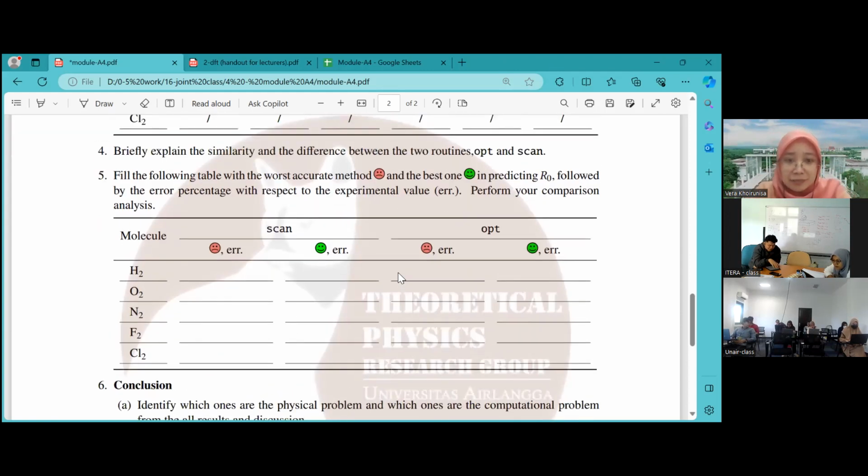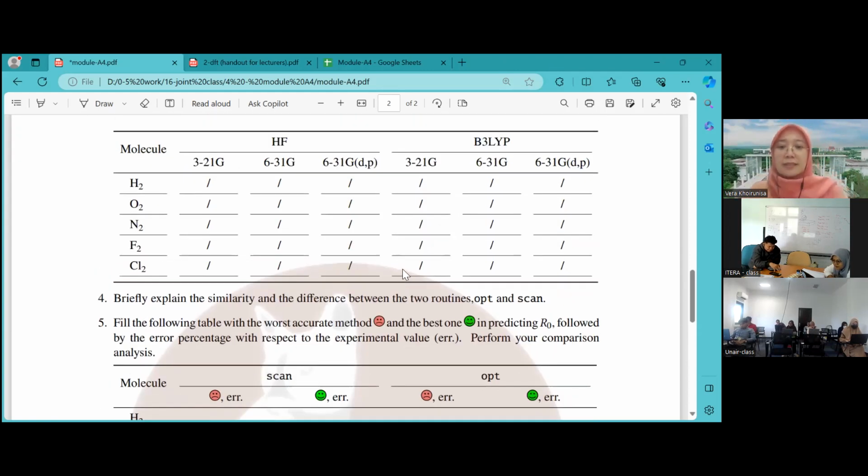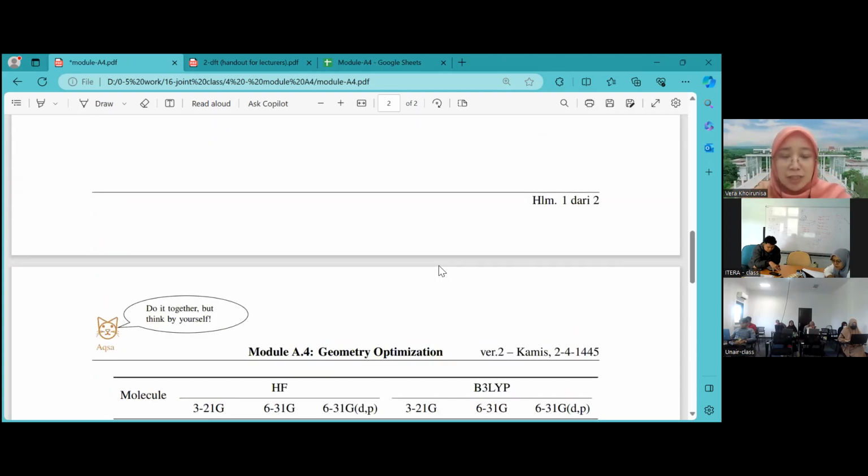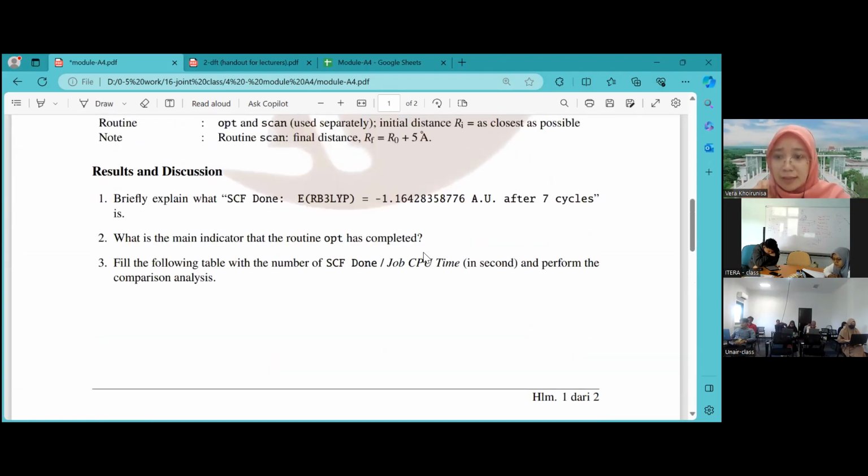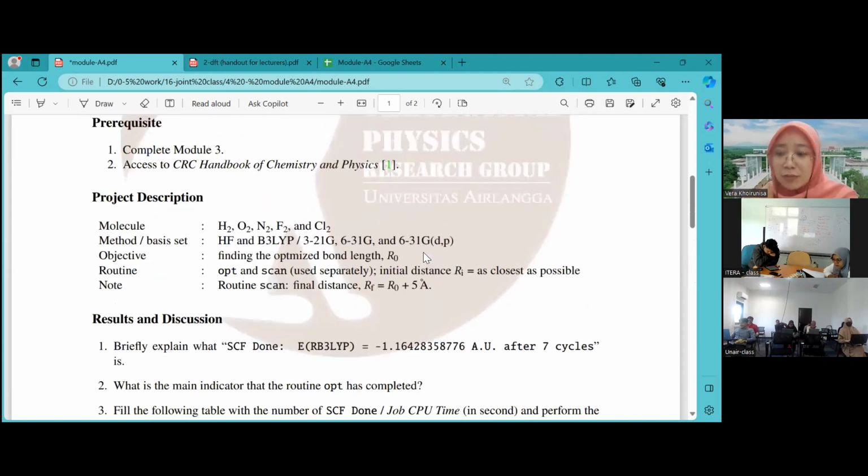Okay. From here, is it clear? Or do you have any question? If there is no question, I will continue for the demonstration. So please prepare your Gauss view.